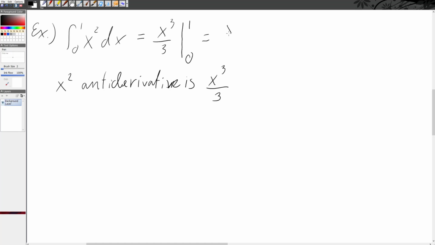Meaning you plug in 1 over 3, and then you subtract the lower number. So you plug in 0 over 3, and all of that is just going to be 1/3.